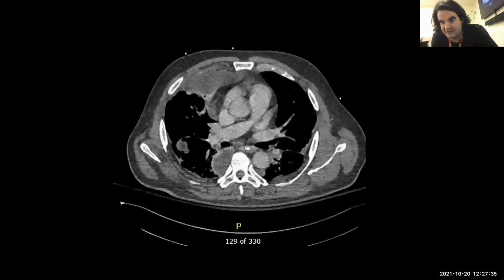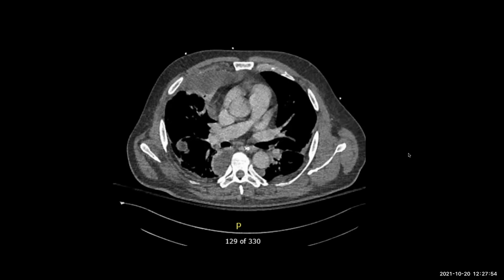So here's one of the first cuts we see. Can anybody point out any unusual looking features of this CT? There are definitely pockets of fluid that shouldn't be there in the paraspinal region as well as anteriorly.